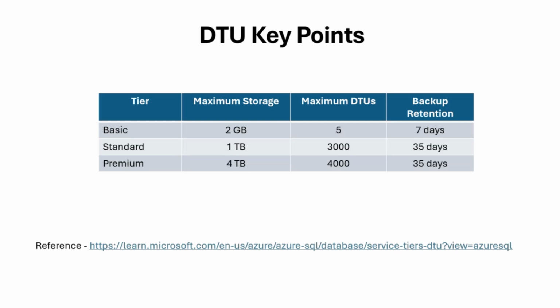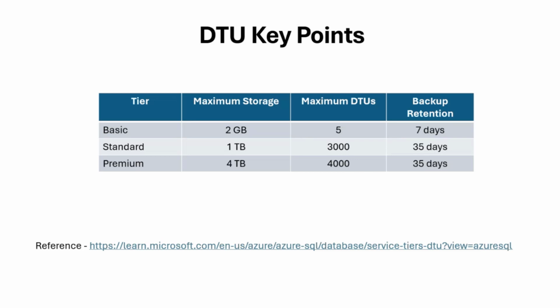So I'm going to talk about the DTU based purchasing model. As I said, DTU is a database transaction unit. So what exactly is this? In the DTU based purchasing model, you get a blend of memory, CPU, and IO. You cannot allocate these resources individually to your SQL database.